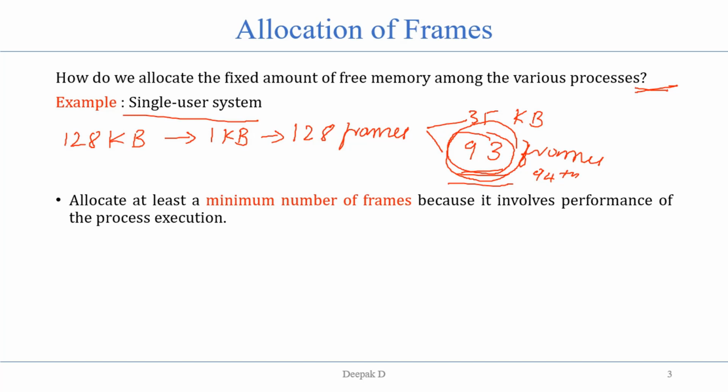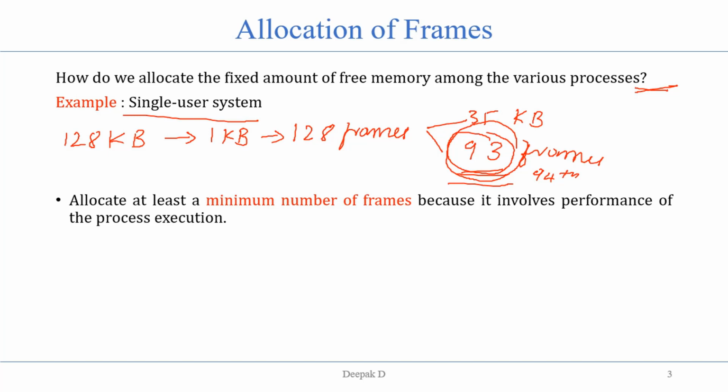When the process terminates, after its execution, all the 93 frames allocated to that process are taken back and placed on the free frame list.